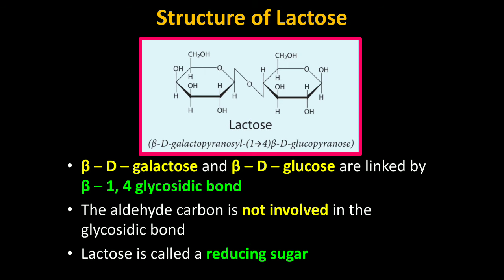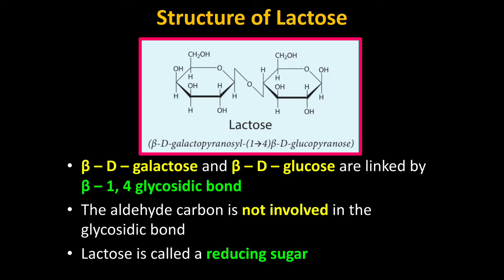See that this is the structure of lactose, and lactose is made up of galactose and glucose. Here beta D galactose and beta D glucose are linked by a beta 1,4 glycosidic bond.